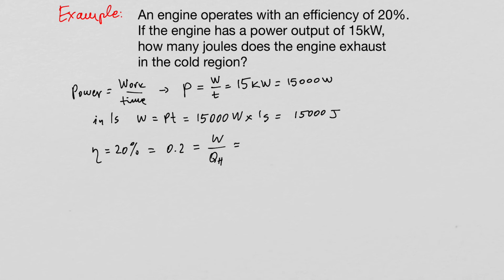So then from here, the amount of heat that is coming from the hot reservoir will be equal to the work done divided by 0.2, and this is 15,000 joules divided by 0.2, which is equal to 75,000 joules. So this is the amount of heat that enters the heat engine from the hot region.